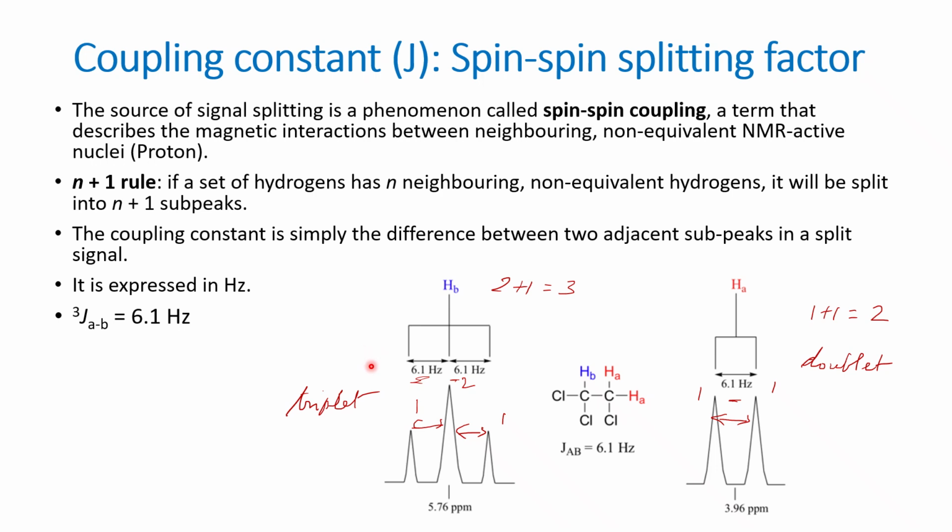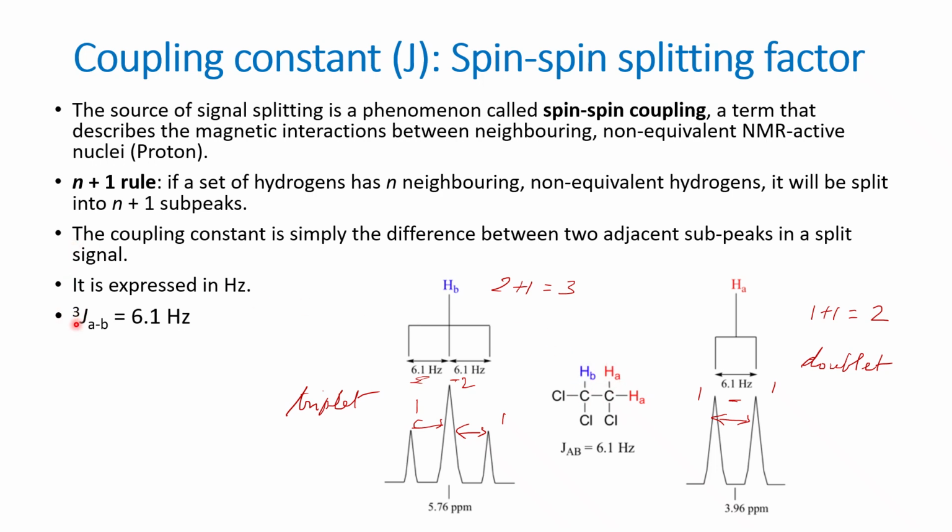Besides that, the J value also helps us to find out whether the molecule is a cis isomer or trans isomer, and many other types of protons could be very easily identified making use of the J value. And here, because it is between two neighboring protons and it involves three bonds, for example Ha to Hb, there are three bonds involved.